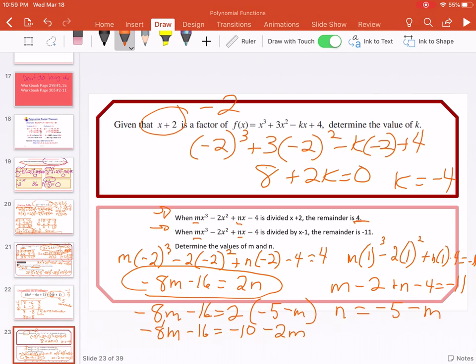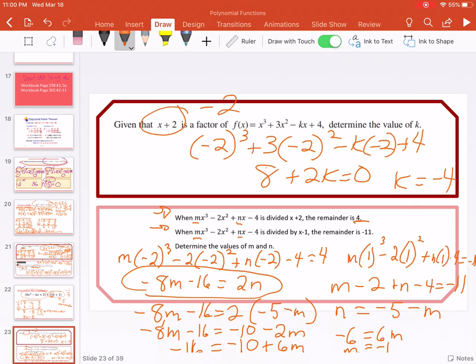From here, I'll collect like terms. I'll add that 8m over. Oh, I'm running out of room here. So now I end up with a positive 6m. I'll add the 10 over, so I end up with negative 6 equals 6m. Now I know that m equals negative 1.